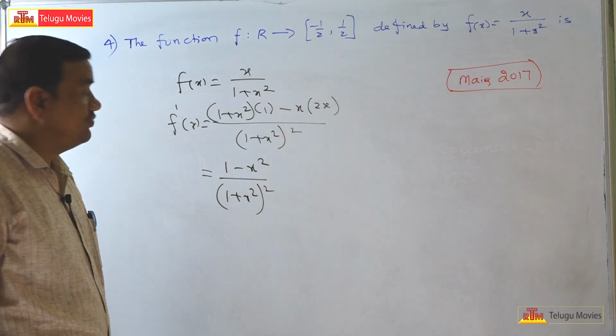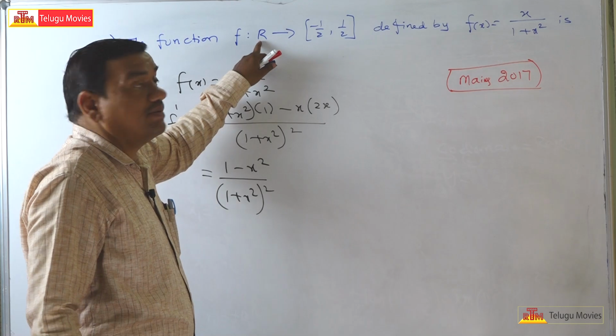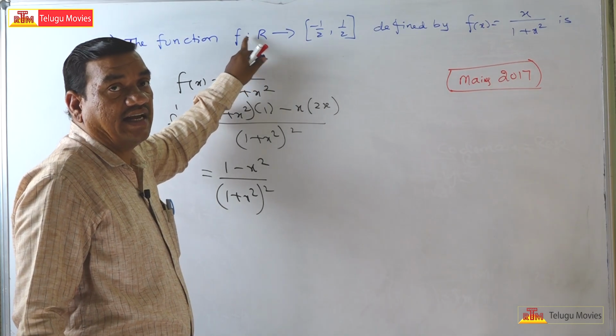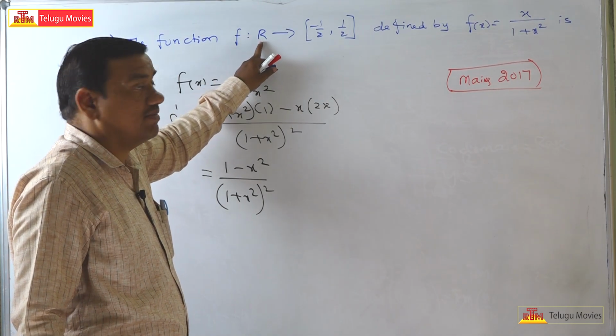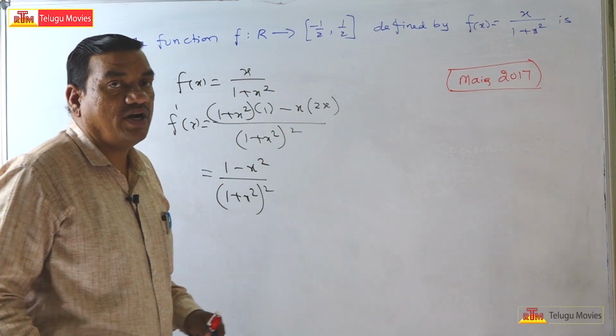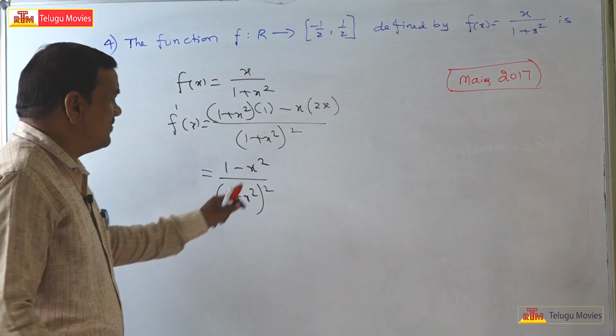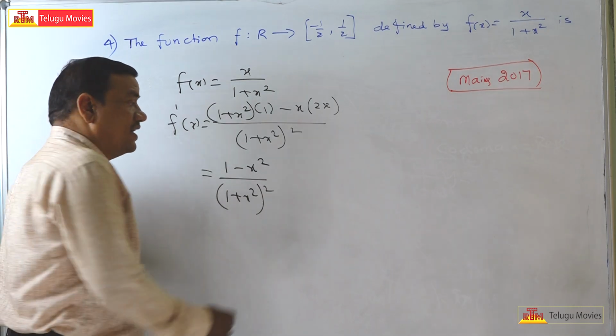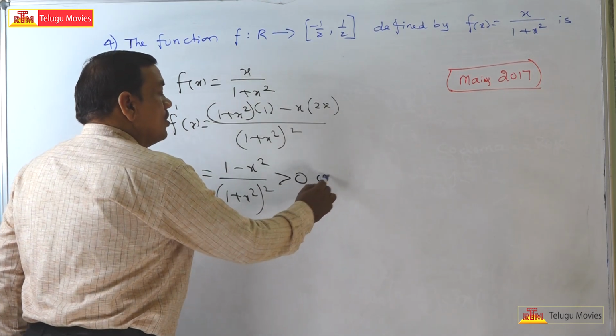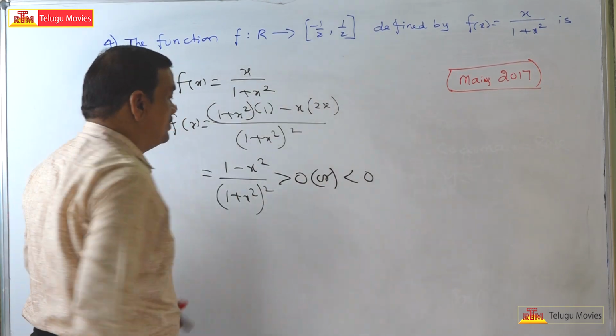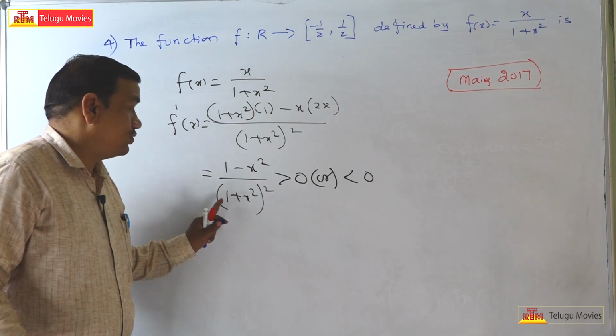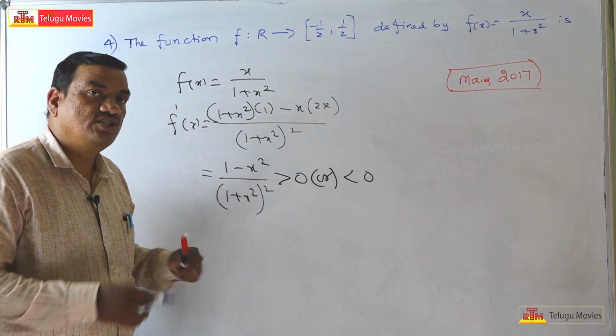So here we have to decide for x belongs to real numbers. Here x is a real number. See here, the domain is the set of real numbers. Codomain is minus 1 by 2 to 1 by 2, closed bracket. For some values of x it may be greater than 0 and for some values of x less than 0. See here, the denominator is positive, 1 plus x square whole square, it is always positive.